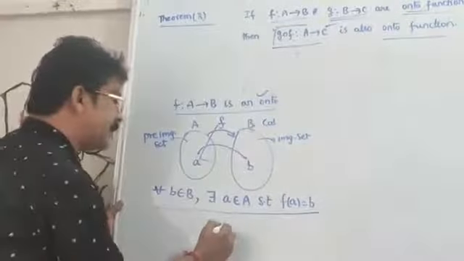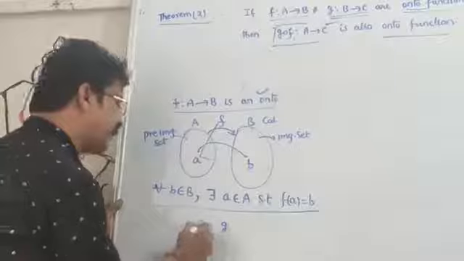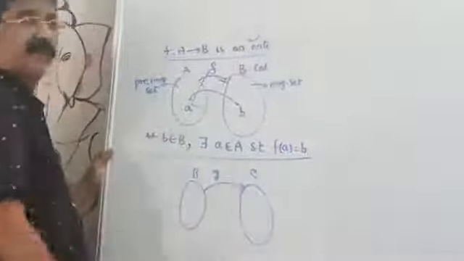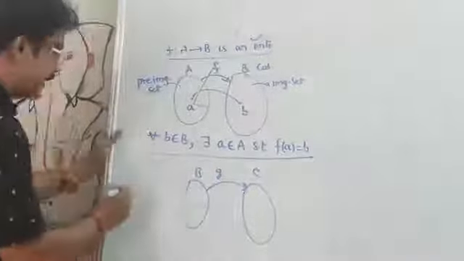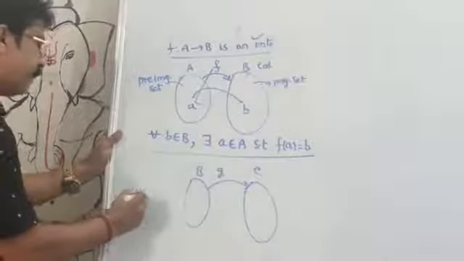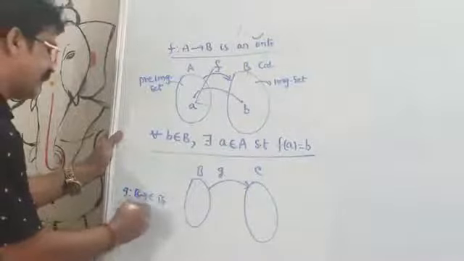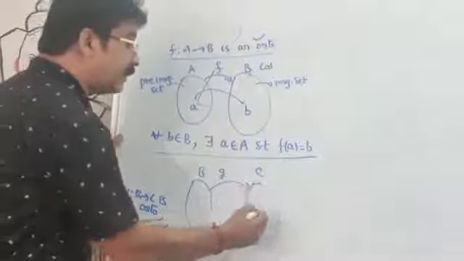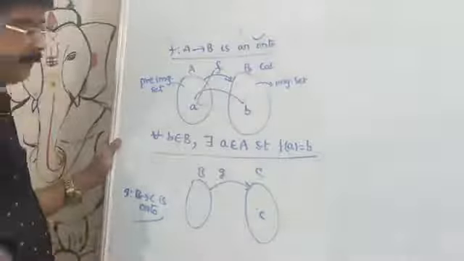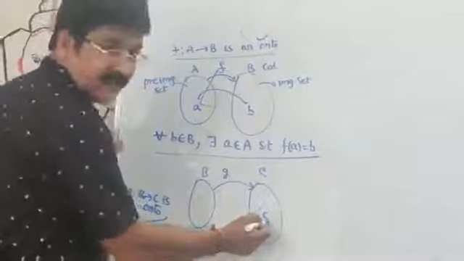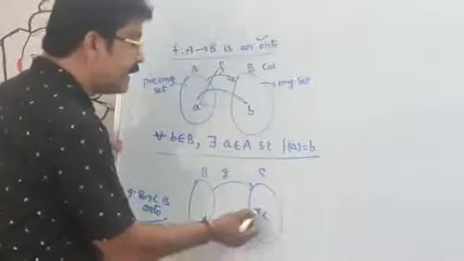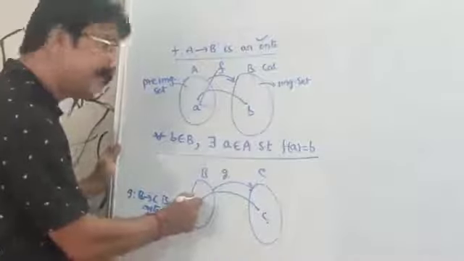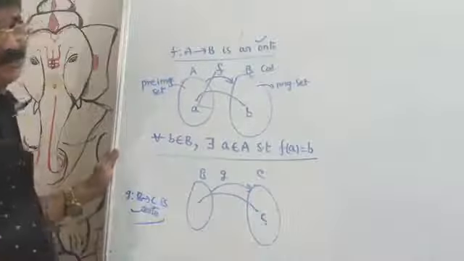Similarly G, for example, capital B, this is capital C, B to C, G function. G from B to C is an onto function. Let small c, for example, one image is here. Definitely it has a related pre-image, at least one pre-image will be here. It is called an onto function.